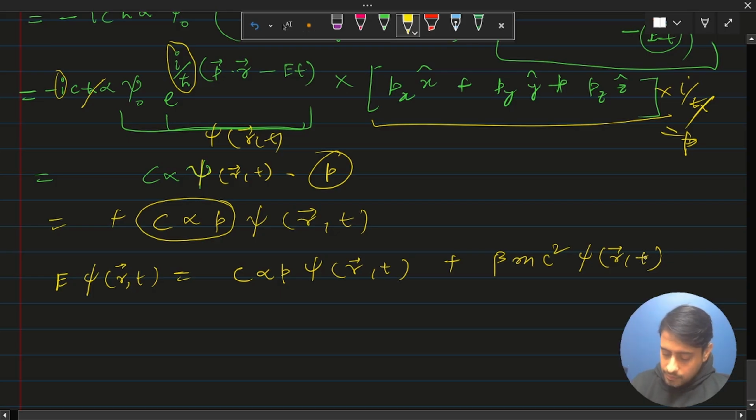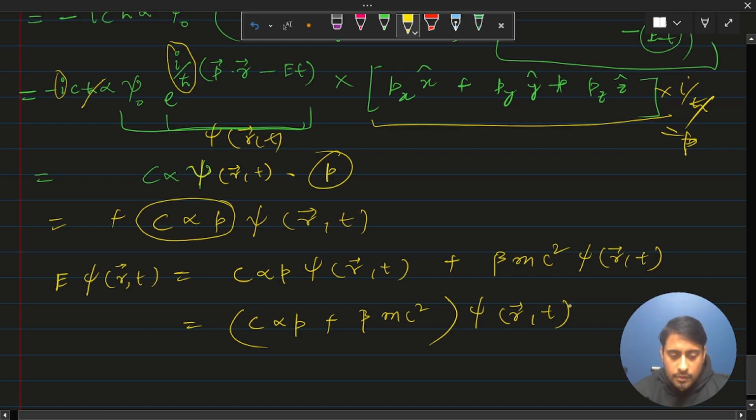So on the right hand side you can write it as c alpha p plus beta mc square into psi r comma t. So this is what we have got, that E psi r comma t is given by this.